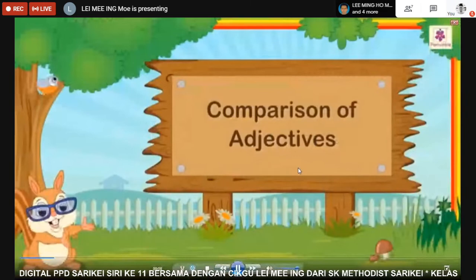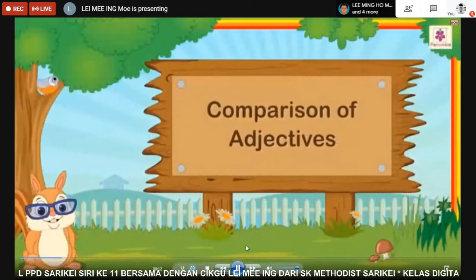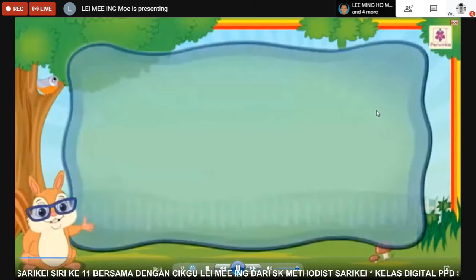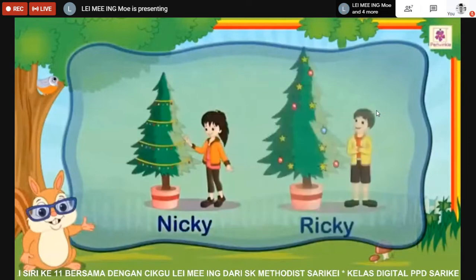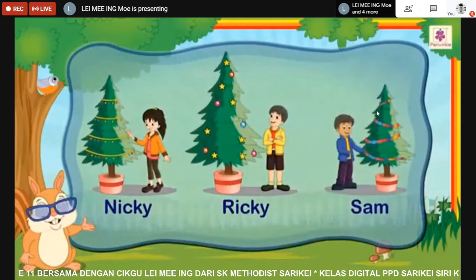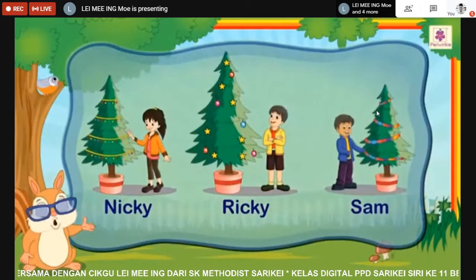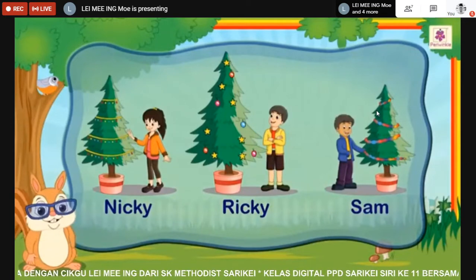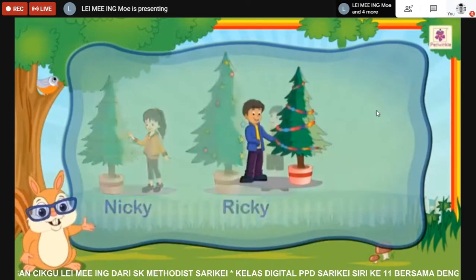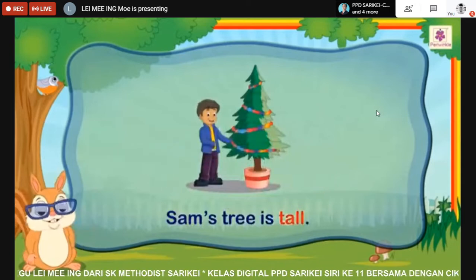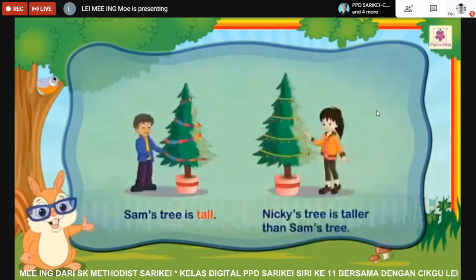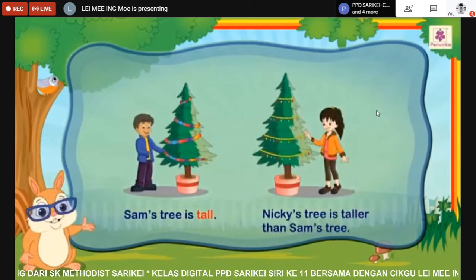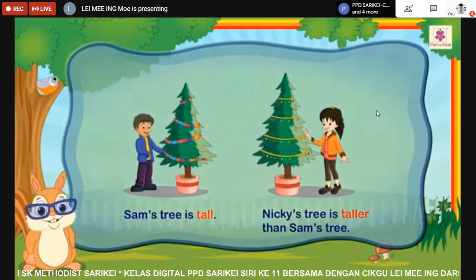Comparison of adjectives. Hey, look, Nikki, Ricky, and Sam have each bought a Christmas tree to their class. Sam's tree is tall. Nikki's tree is taller than Sam's tree.